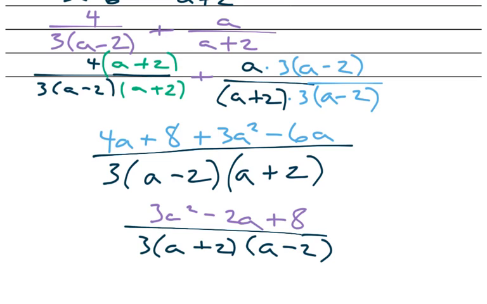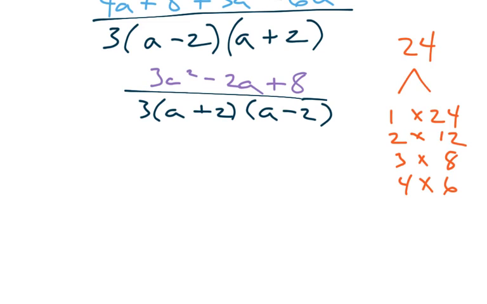Now, it's possible we're done, but we should check to see if this can factor. And I'm looking for the factors of 24 that add up to negative 2. Well, 1 and 24, or negative 1 and negative 24, but that doesn't work. 2 and 12, negative 2 and negative 12. And I'm tempted to say that 4 and 6 works, but I would have to have a negative 6 times a positive 4, and that result would give me negative 24.